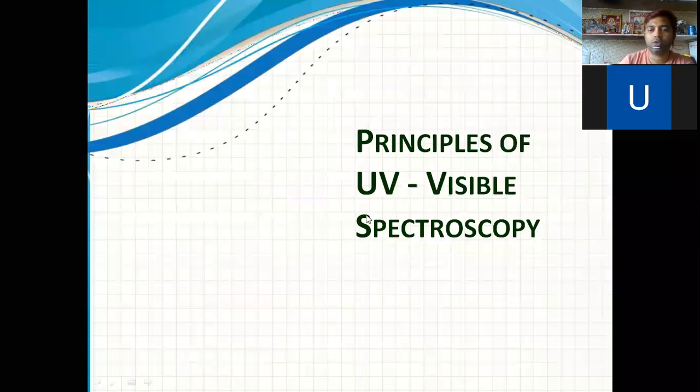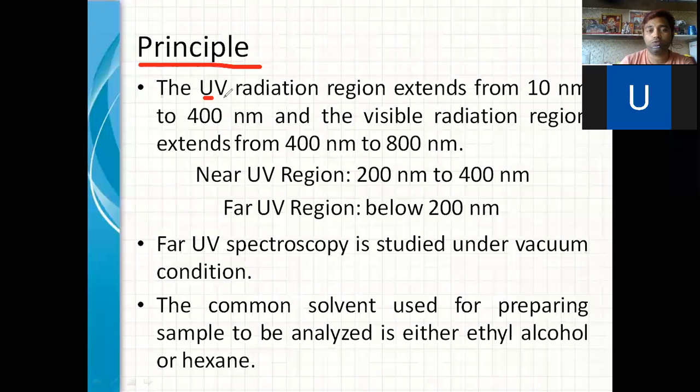Now, principle of UV visible spectroscopy. The UV radiation region extends from 10 nanometer to 400 nanometer, and the visible radiation region extends from 400 to 800 nanometer.